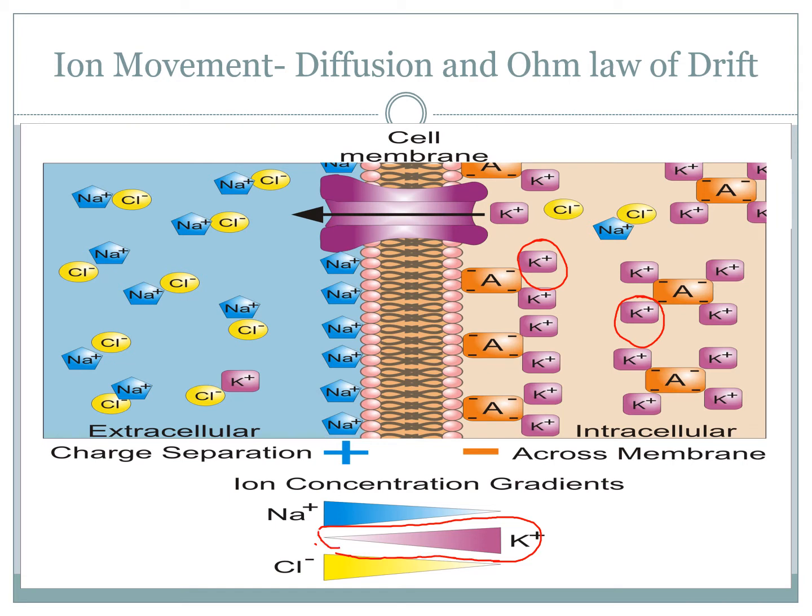Ohm's law of drift states that those potassium ions will want to move from the relatively negative environment inside the cell to the relatively positive environment outside of the cell. They are two factors that will draw on ion movements individually. Now they can be additive in the case that we just spoke about. Potassium has both a diffusion and a drift need.